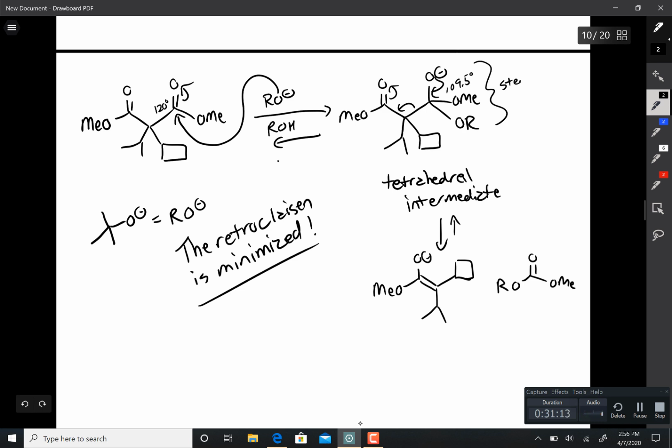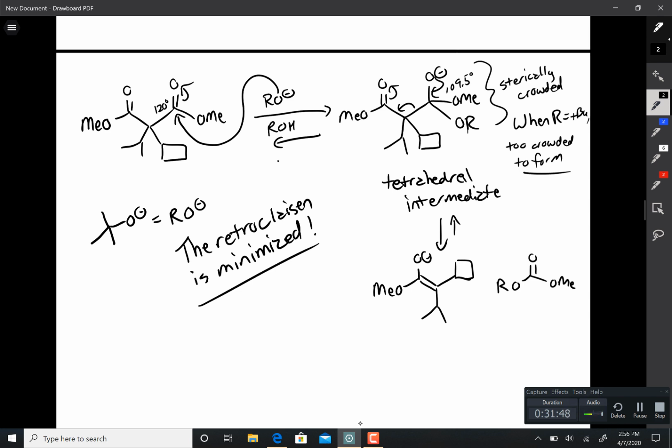This is sterically crowded. And when that R group is equal to a tert-butyl group or other bulky group, it becomes too crowded to really form.